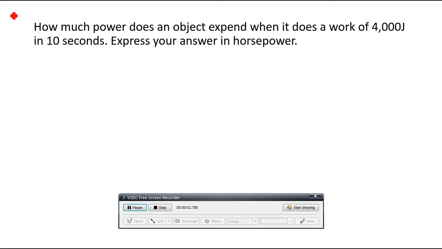For our next problem, we are going to use the same situation. How much power does an object expend when it does a work of 4,000 joules in 10 seconds? Express your answer in horsepower. The only difference is that we are now going to express our answer in horsepower. If you can still remember, we got 400 watts for this problem, but first, let's show how to solve for that again. Given, you have 4,000 joules and 10 seconds.